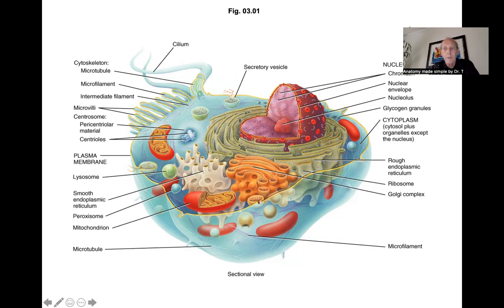We're starting a short three-part series about the basics of cytology. In order to make these sections a little bit easier to handle, I decided to divide them into three parts. In the first part, we're going to take a look at the cell in general, but paying most of the attention to its plasma membrane, the cytoplasmic membrane.